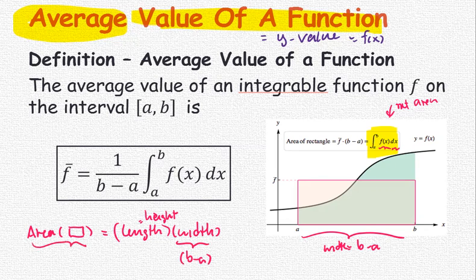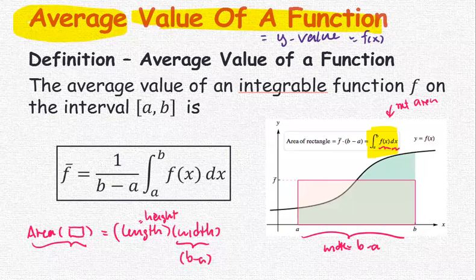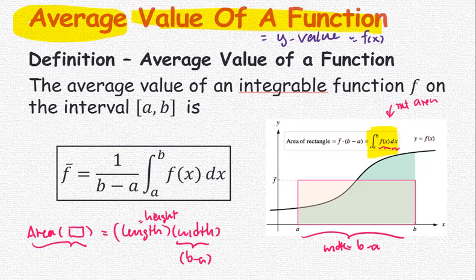And we know the area of the region bounded by the curve from point A to point B in the definite integral form, from A to B of the function with respect to x.